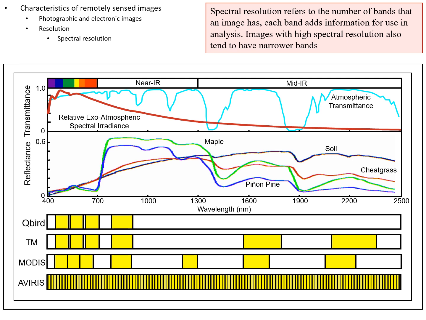So Avaris has 242 bands, and they are spaced out every 10 nanometers. And that's the old Avaris. The newer Avaris has twice as many bands, and they're 5 nanometers wide. So you're sort of doing an exhaustive sampling of the reflectance pattern.